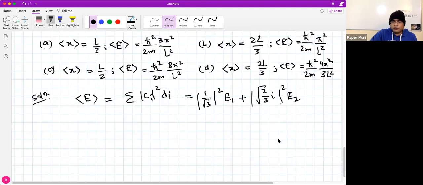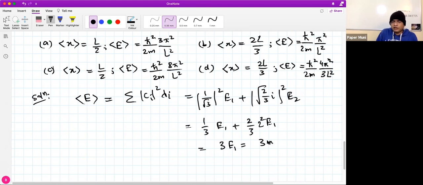If you solve this, it is 1 by 3 E1 plus 2 by 3 E2, and E2 will be 2 square E1. So this can be written as 8 plus 1, 9, 9 by 3. That will be 3 E1, so 3 pi square h cut square by 2 m L square.